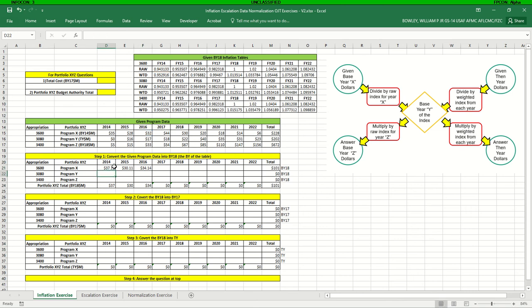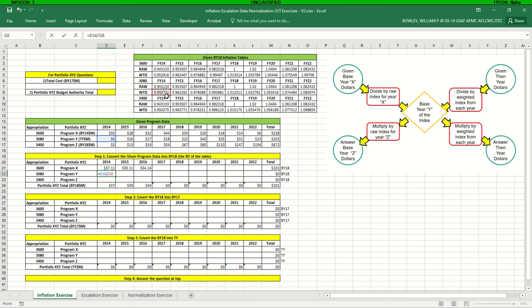For program Y, we're looking at then-year dollars, so we're going from then-year dollars in millions to base year 14. We're given then-year dollars, and we're going to divide by the weighted index from each year of the inputs in order to get the base year. So for this one, we are going to take this value and divide by the weighted index for appropriation 3080 for the fiscal year in which we're in, which is 2014.